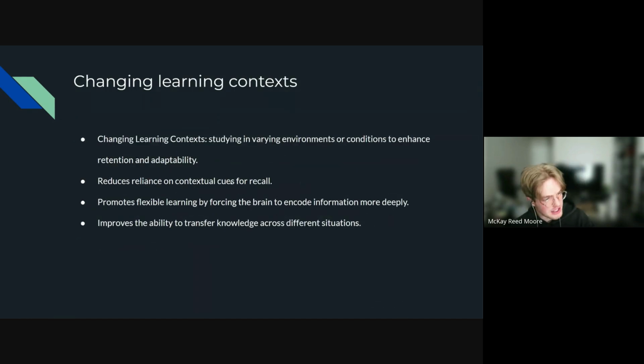Okay, and so the last one we'll talk about before we go into Q&A will be changing learning contexts. So this is akin to the interleaving, or rather, probably interleaving is an example of changing learning contexts. But this principle can be applied more broadly.